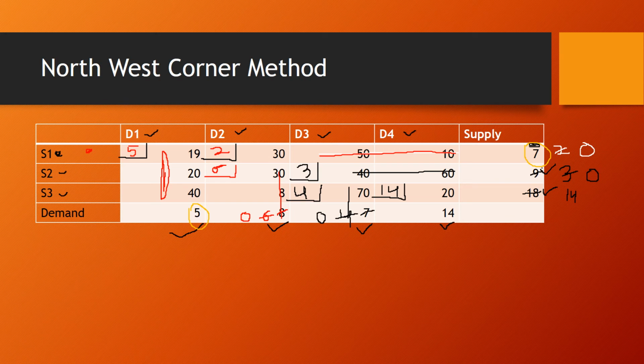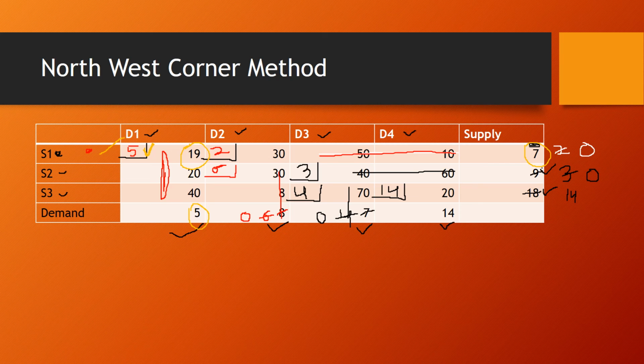As I told earlier, let's see in the first column, I'll highlight this. See here, this 19 was the unit cost required to send the material from S1 to D1. A unit of material will be sent for 19 rupees, and you are sending 5 units of material. So the total cost for sending 5 units of material will be 19 multiplied by 5.